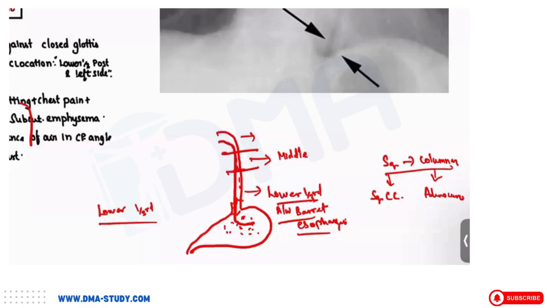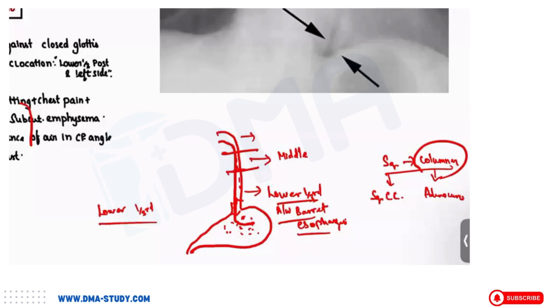What type of cell is converted? Squamous will be converted into what? Columnar. Now this columnar cell is undergoing tumor that is associated with the Barrett esophagus. What type of cancer you may see? Adenocarcinoma. Very good, people. If you know this, you can easily answer the question.